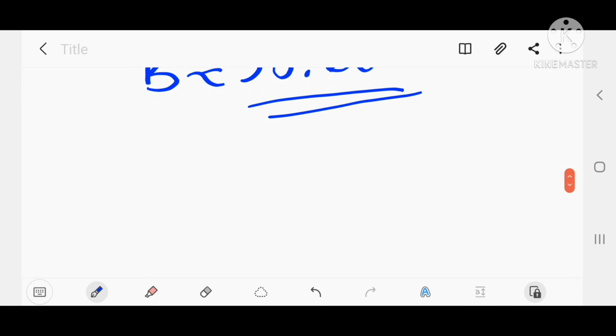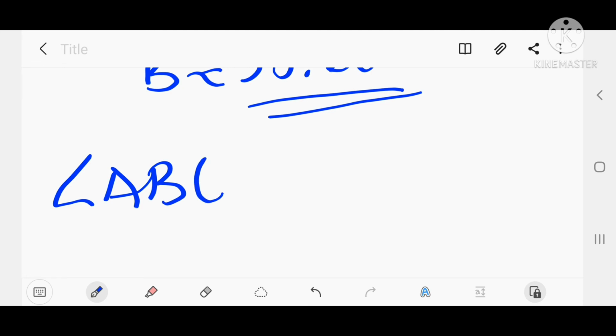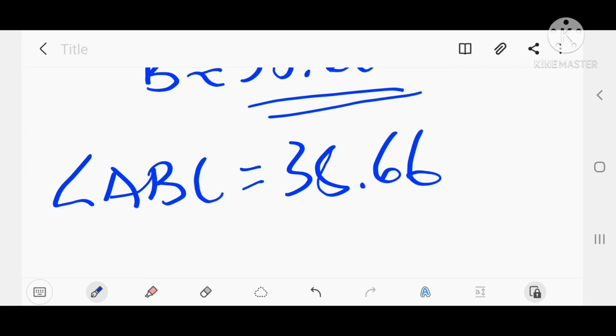So we can conclude that the angle ABC equals 38.66 degrees. And that's that.